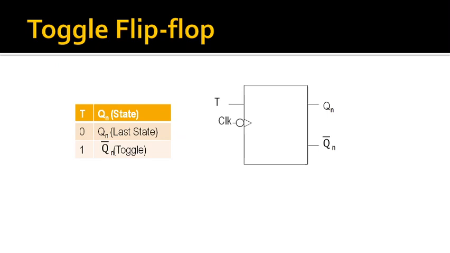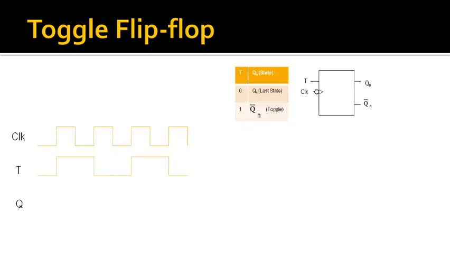Let's now consider the functioning in the form of a wave pulse. Let us suppose we have provided this clock signal, and at the T terminal we are providing this pulse. Now as the flip-flop is negative edge triggered, only negative edges of the clock pulse are important to us.